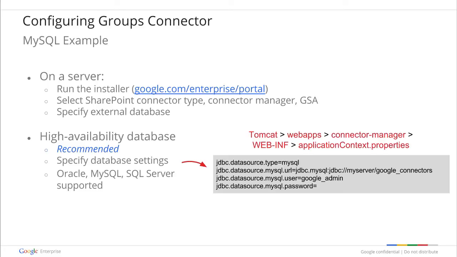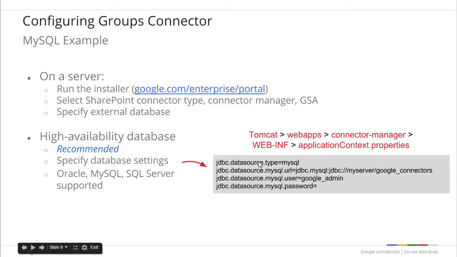If you do have an external database, you should configure the connector to use that commonly shared external database. To do this, go to where you installed the connector and navigate the file system. Go to the applicationContext.properties file inside the WEB-INF directory nested within Tomcat.